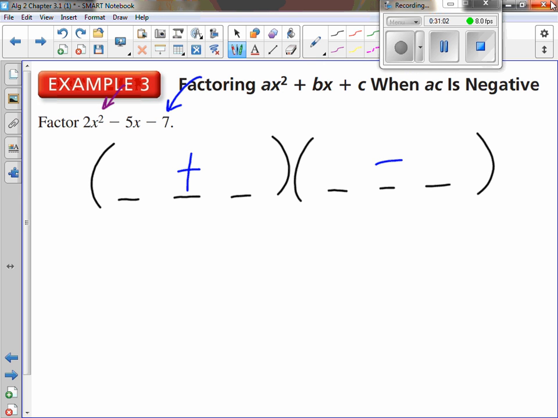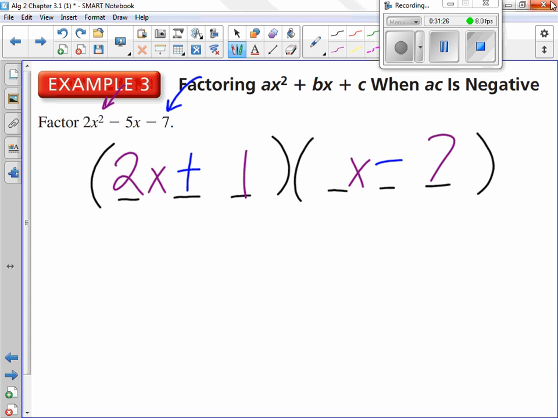Factors of 2x squared. Well, we have to have x and x. But the factors of 2 are just 2 and 1. We only have one set, correct? 2 and 1. What are the factors of 7? 1 and 7.